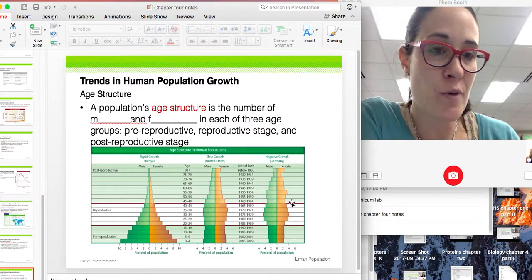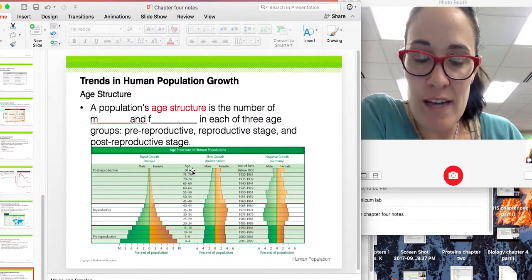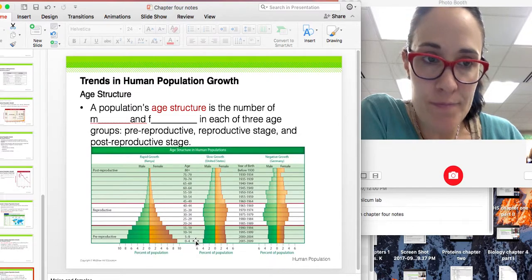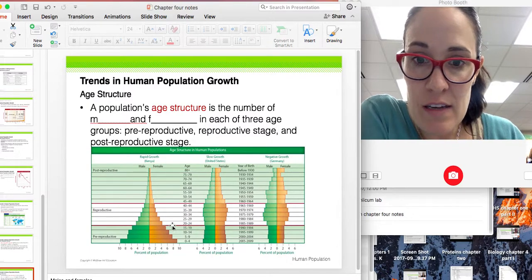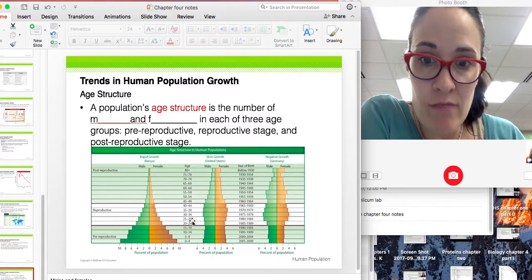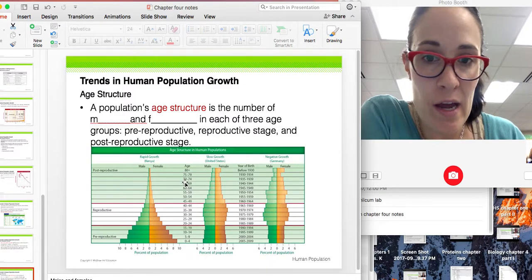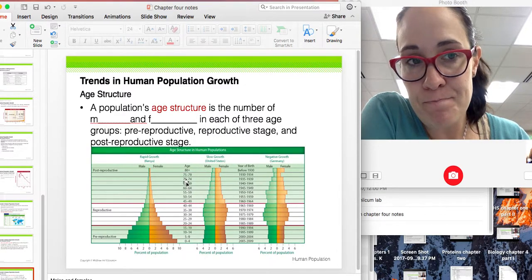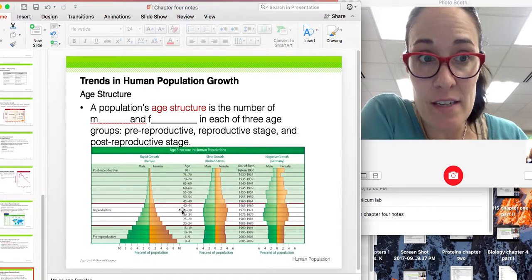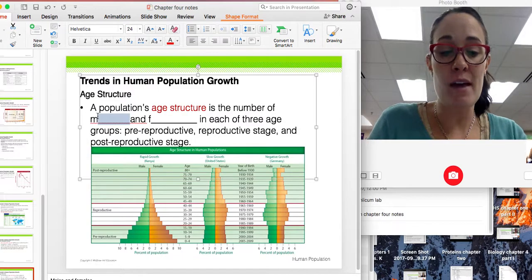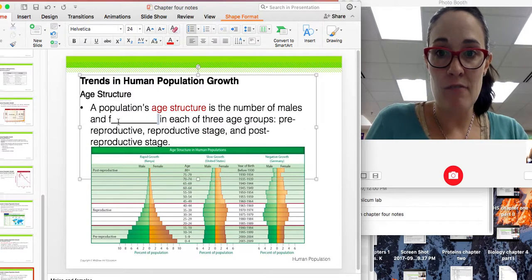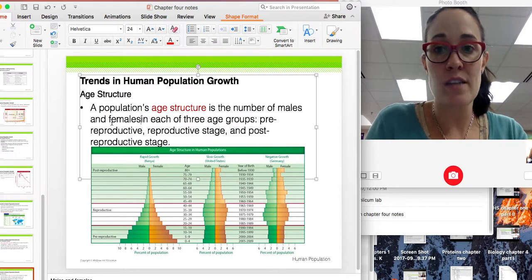And these are actually pretty cool to look at. It divides it into ages, 0 to 4, 5 to 9, 10 to 14, that's you guys, right? Or 15 to 19, that's you too. 20 to 24, 25 to 29, all the way up. So the different ages are counted in different countries, along with the number of males and females in each one of those age categories.